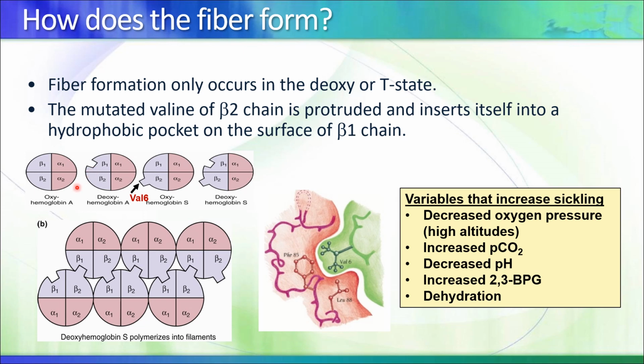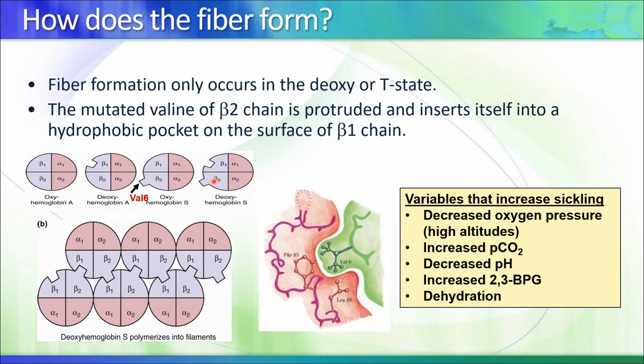Okay, so in a sickled hemoglobin, you have the formation of a valine protrusion, or a hydrophobic protrusion, that includes a valine molecule. Now, this is the sickled hemoglobin right here.